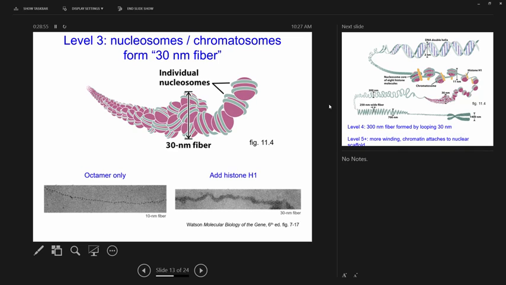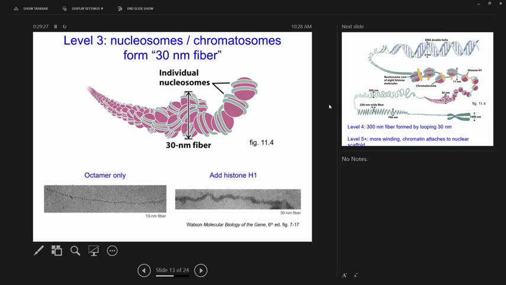It shortens the distance between the histone octamers, and that makes the DNA go from being beads on a string like this. So here's the DNA wrapping around the histones, and then the DNA wrapping around the histones is wrapped into what's called a solenoid, or a 30 nanometer fiber like this. Do you see what I'm doing with my finger here, going around in that direction?